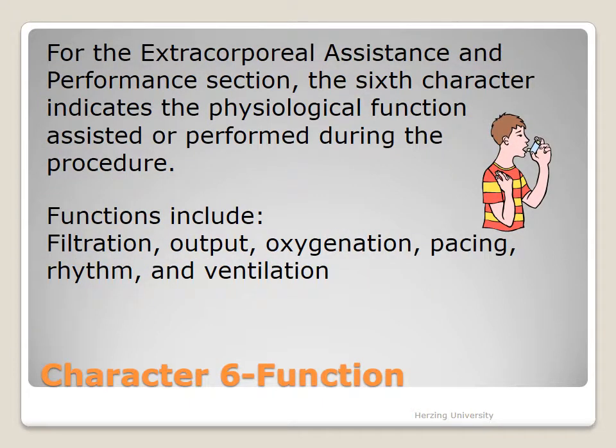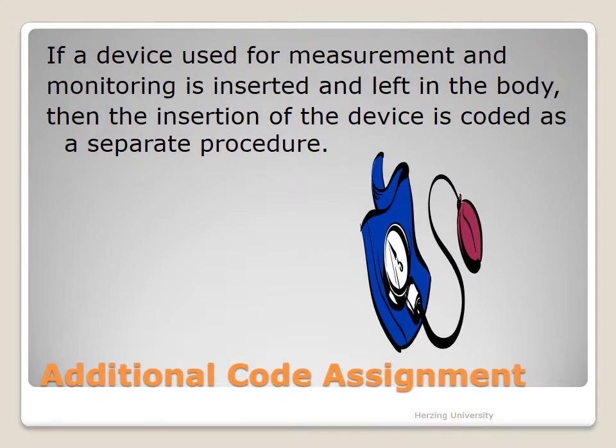For the extracorporeal assistance and performance section, the 6th character indicates the physiological function assisted or performed during the procedure. Functions include filtration, output, oxygenation, pacing, rhythm, and ventilation. If a device used for measurement and monitoring is inserted and left in the body, then the insertion of the device is coded as a separate procedure.